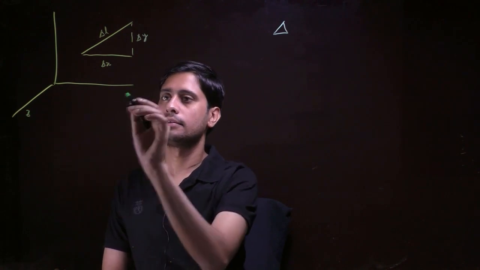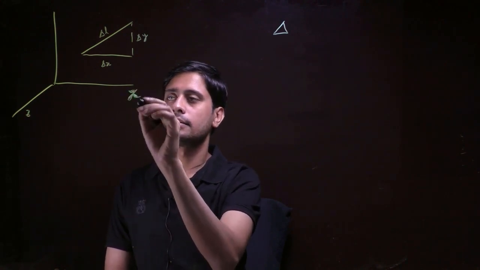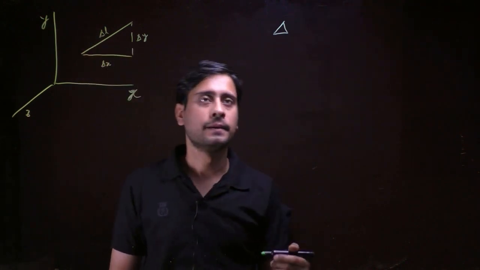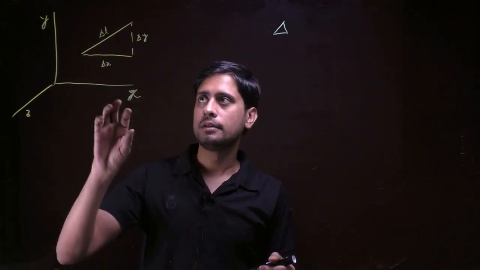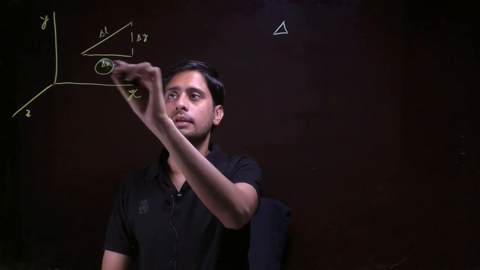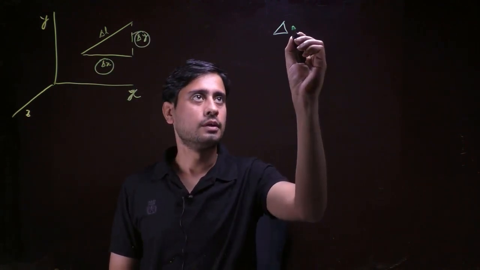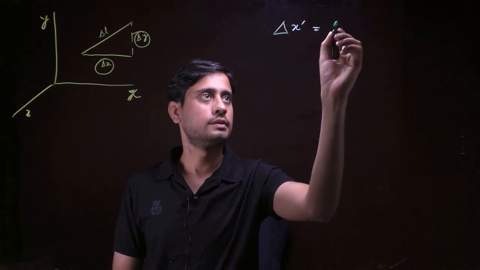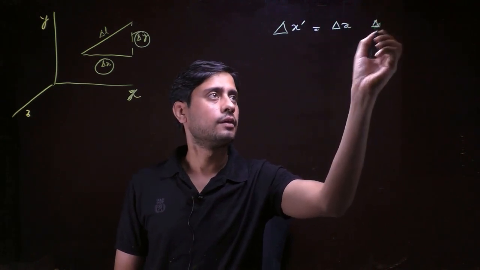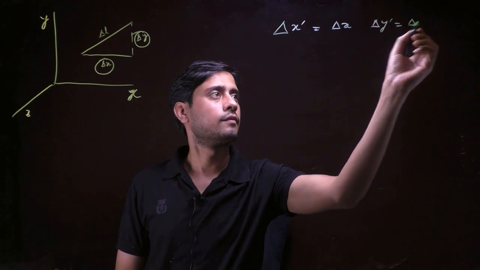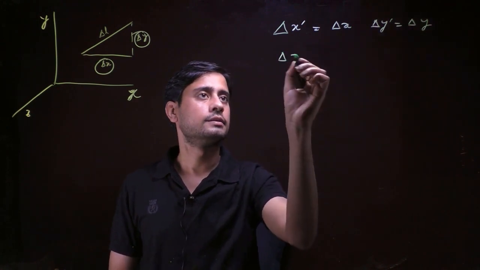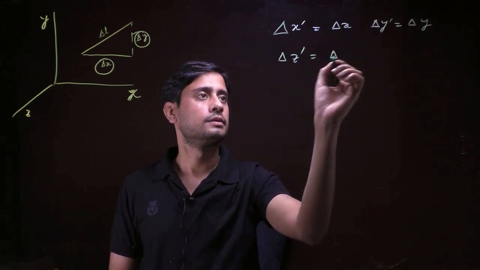So this is z, this is x, this is y. Now we saw that the different components remain the same in the two reference frames. So delta x prime equals delta x, delta y prime equals delta y, and delta z prime equals delta z.